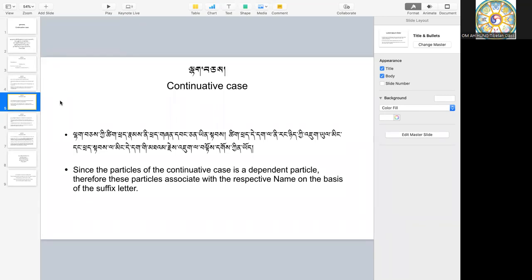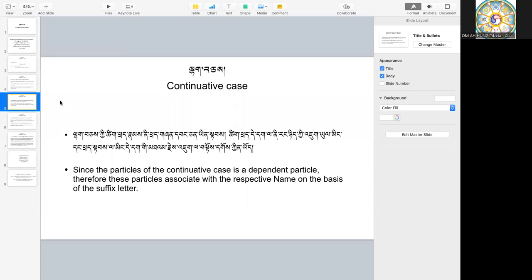In those cases, they may follow accordingly. And there is a particular set of rules which tells us how each of these particles should be used with the names. We have already discussed those for the 6th grammatical case, the 3rd grammatical case, and the inclusive and ornamental case.